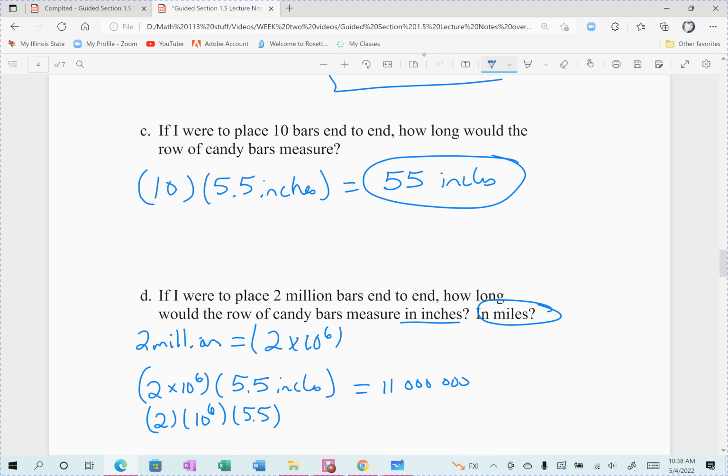Depending on your calculator, it'll either give you the whole number like that, which is 11 million inches. That's what that number represents, 11 million inches.